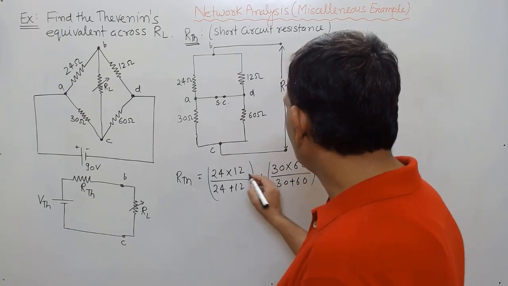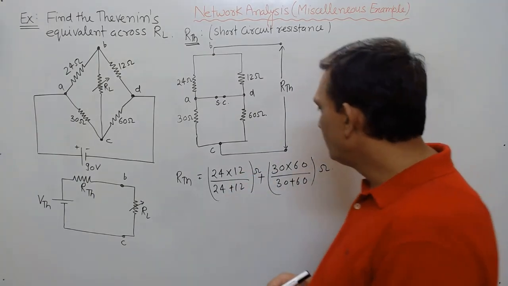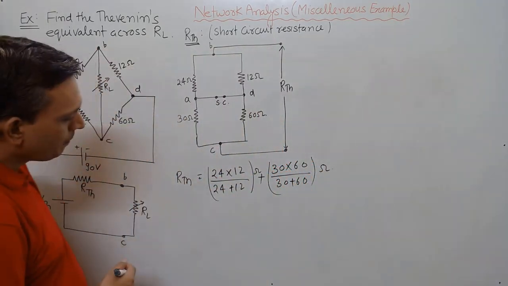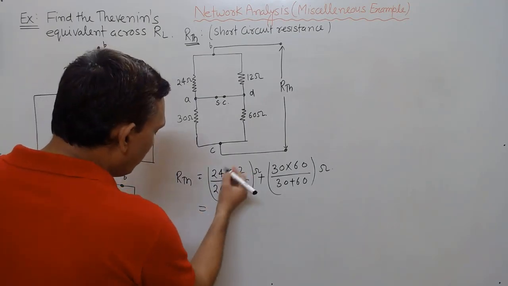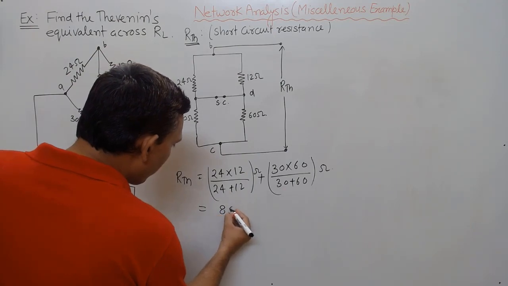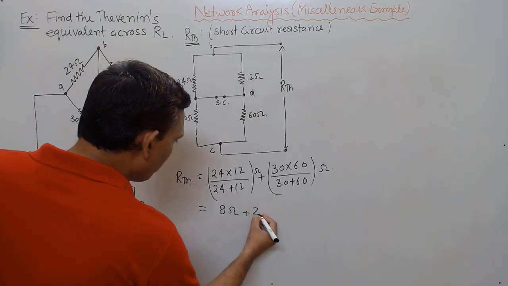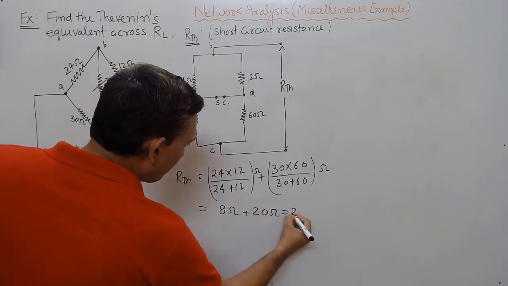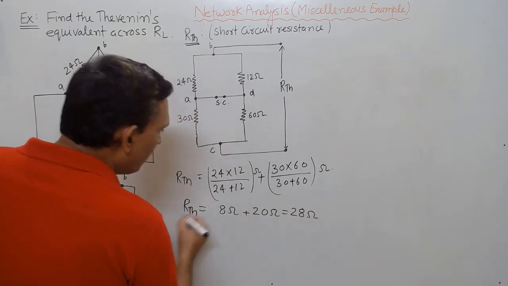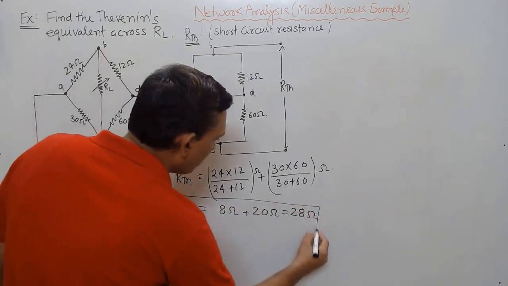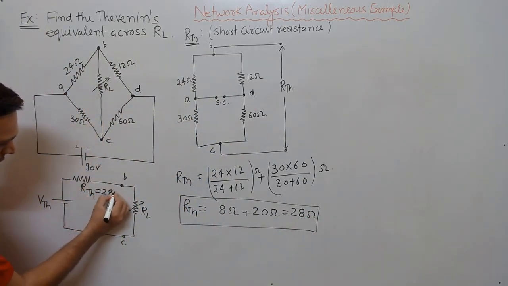These are in ohms, both are in ohms. So calculate these values. If you solve this, you will get 8 ohm and this will be 12 ohm. This is 20 ohms. Total is 28 ohms. So RTH is simply 28 ohms.